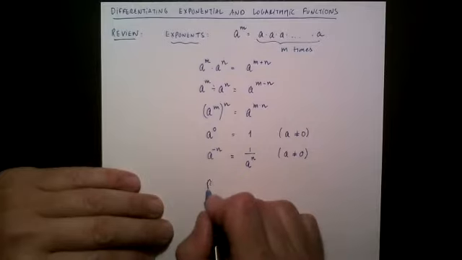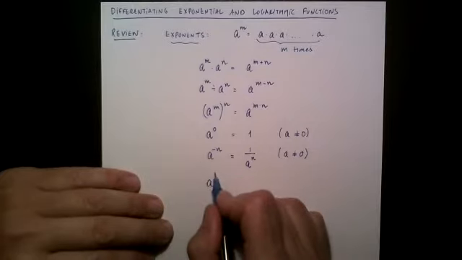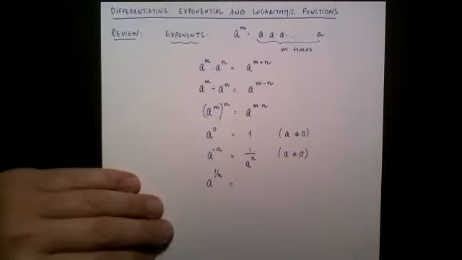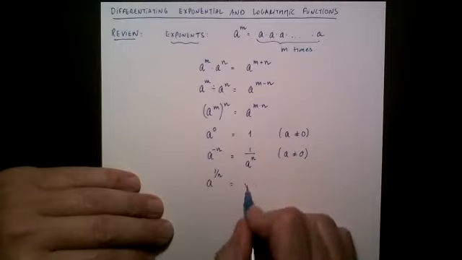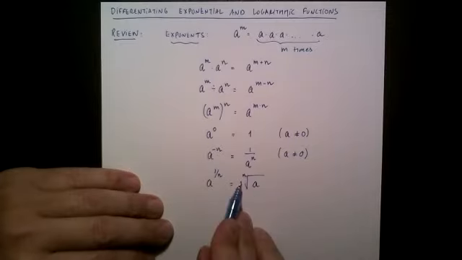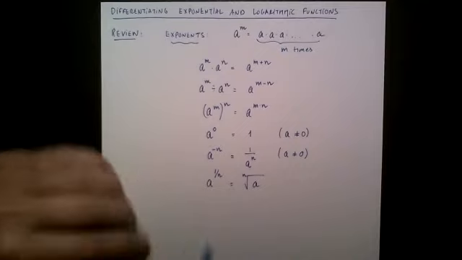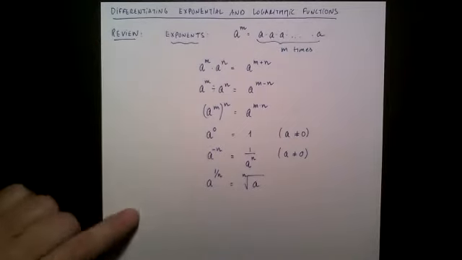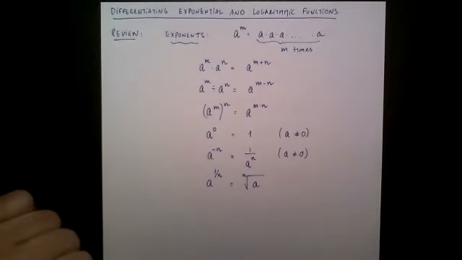And the last one, if you have a power 1 over n, what is that? The nth root of a, not the square root, but the nth root of it. Okay, so these are the basic exponent rules.